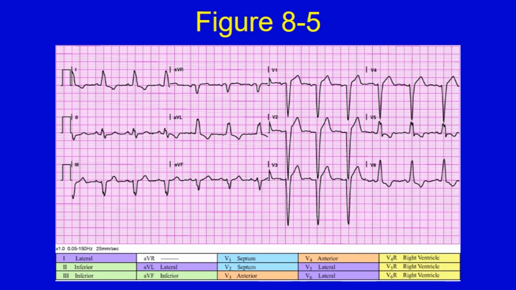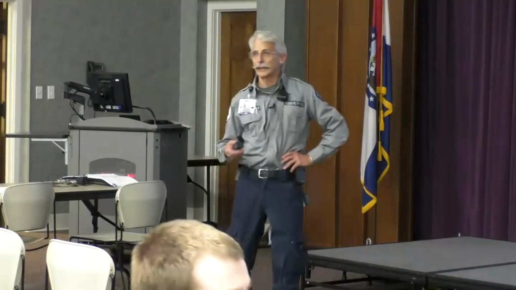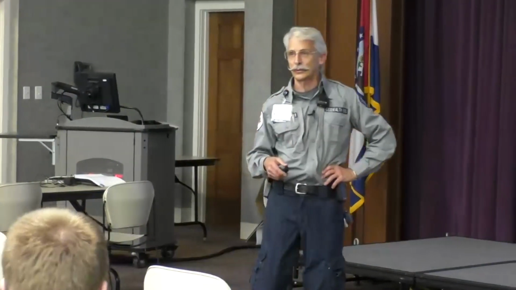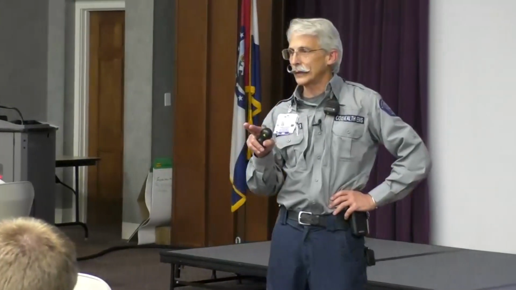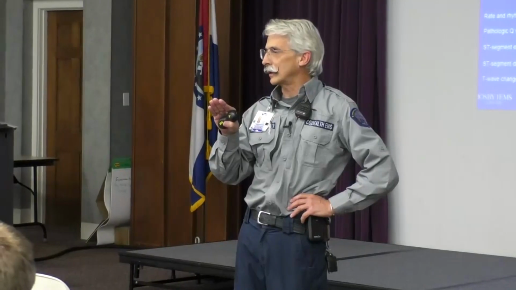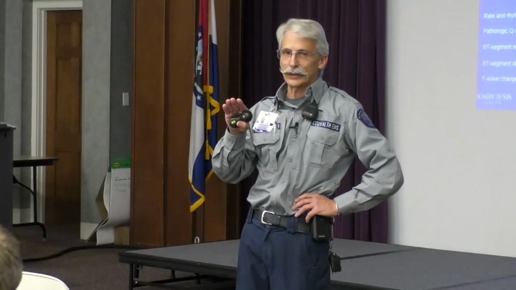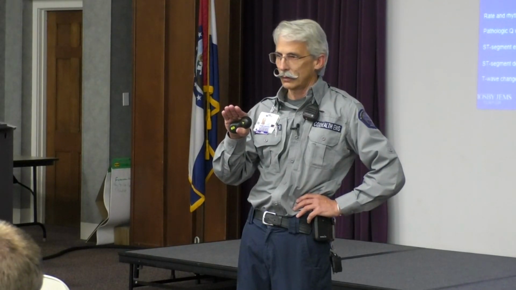What do we call them down here? Septal and anterior. You can call it an anterior septal MI, or you can just call it anterior, because V1, V2, if they're by themselves, it's going to be septal. If they are continued with the others, we can call them just anterior, V1, V2, V3, V4.